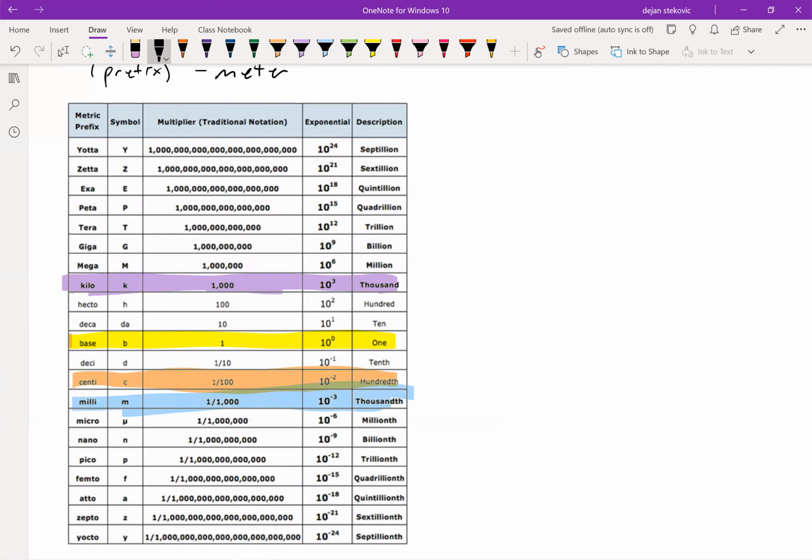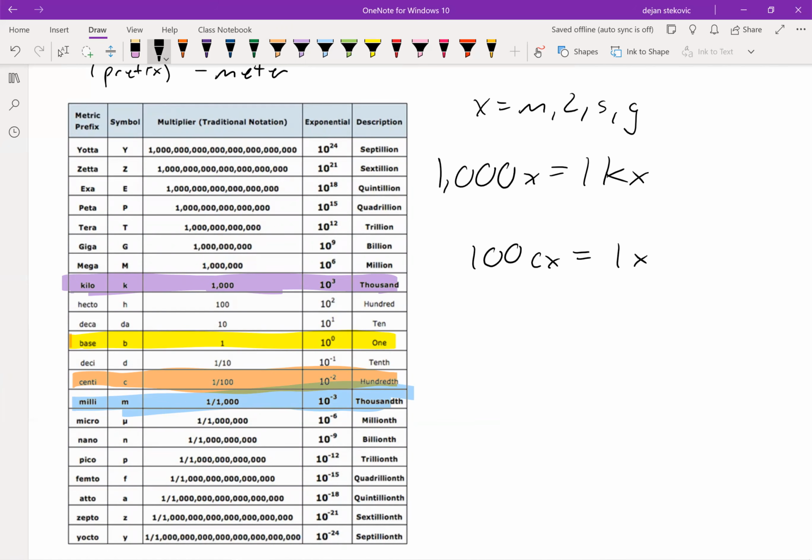So for example, 1,000 x is equal to 1 kx, where this x can equal meters, liters, seconds, grams, whatever, right? There's 1,000 of them in 1 kilo-blank, right? So 1,000 grams in a kilogram, 1,000 meters in a kilometer, that kind of thing. The other one I want you to know is that there's 100 cx in 1 x, right? 100 centimeters in a meter, 100 centigrams in a gram, that kind of thing.